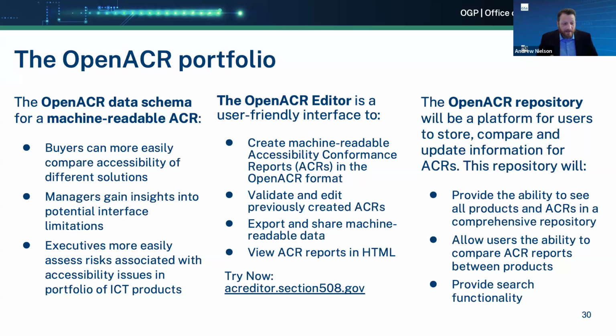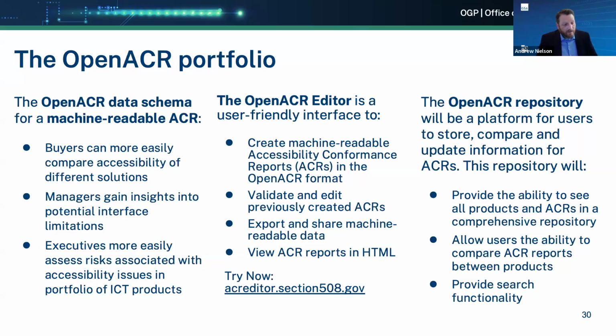But then even better, we've produced an application programming interface as part of that repository, so that as we get data from product vendors, that information can be shared in marketplaces, whether federal marketplaces, or at bestbuy.com or Walmart or Amazon.